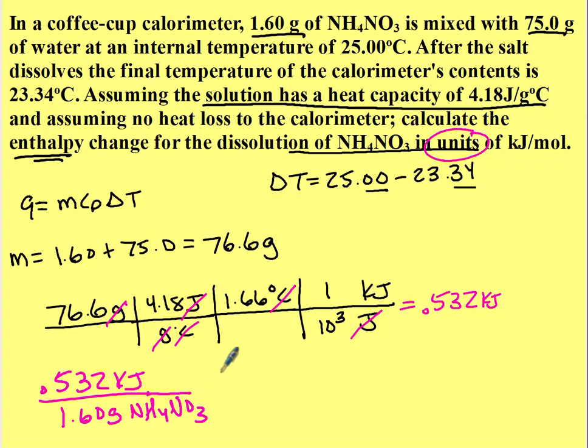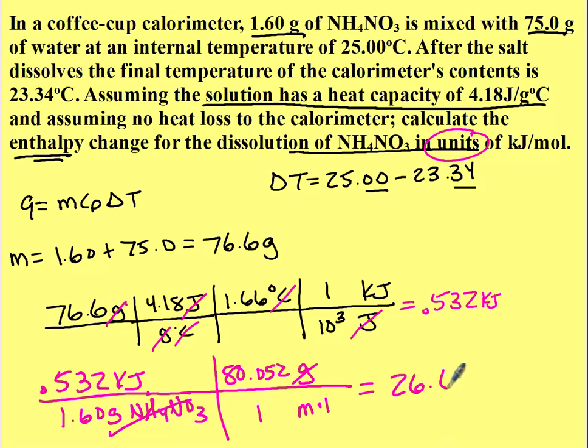You can find moles of ammonium nitrate or of water. And so we're going to convert those grams to moles. So 1 mole from the periodic table is 80.052. So I only dissolved 1.60 grams, but if I dissolved a whole mole of it, I would have 26.6 kilojoules.